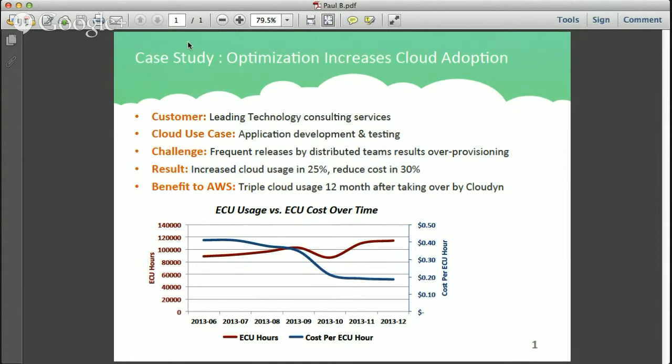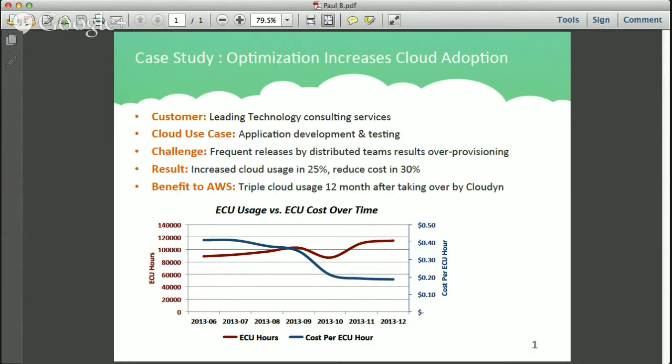The red line shows the number of ECU hours, which increases from around 85,000 to around 120,000 in 6 months. On the blue line, you see the cost per ECU hour. The price goes down and the cost per ECU hour actually dropped, but the consumption goes up. People use it more. Yeah, people are actually using it much more.